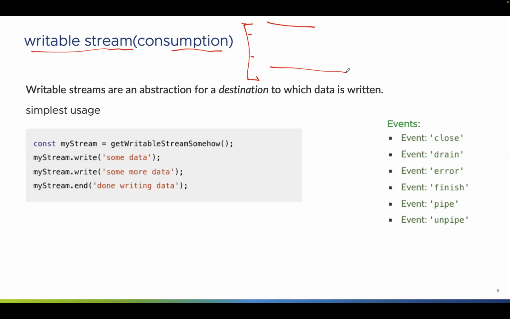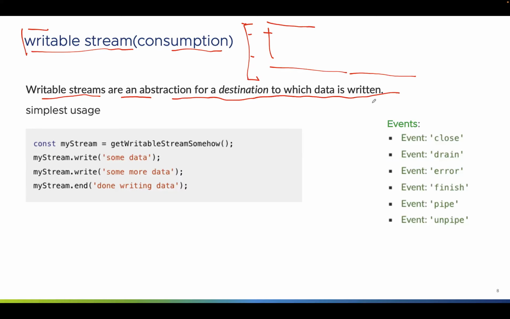The second part is when you are creating your own subclass, when you want to create your own writable stream, so that means you are an implementer. So we break it down into two parts, one for the consumer and one for the implementer. In this lesson, we look at it as a consumer leveraging the writable stream. The definition, in a very simple form: a writable stream is an abstraction for a destination to which data is written.